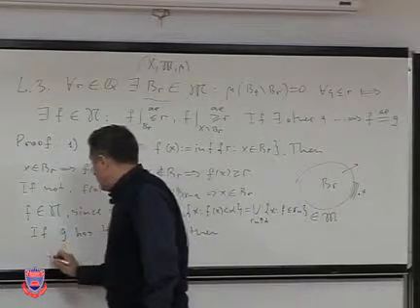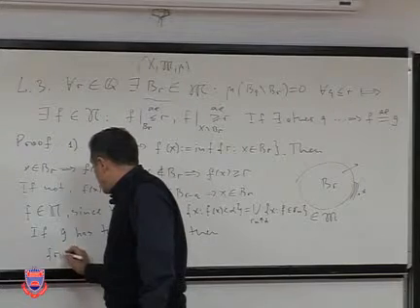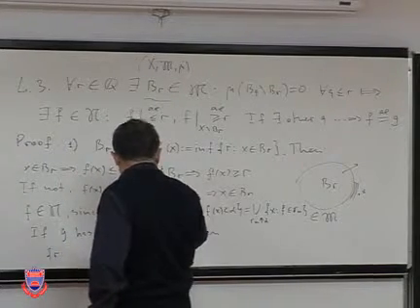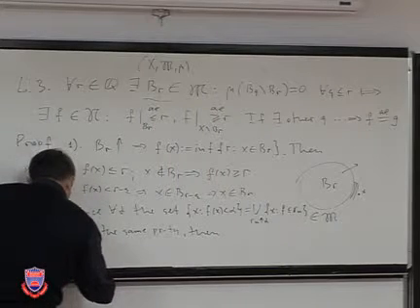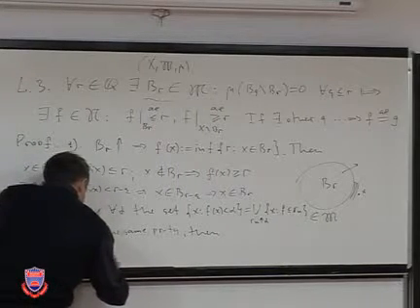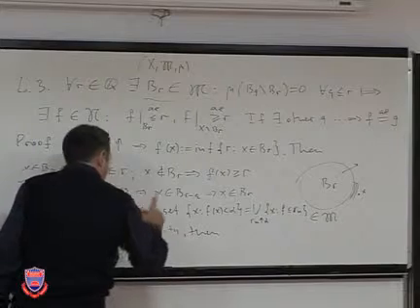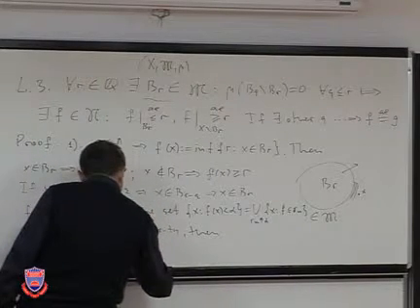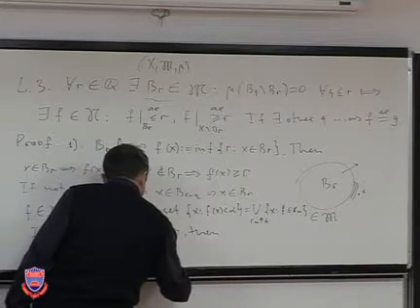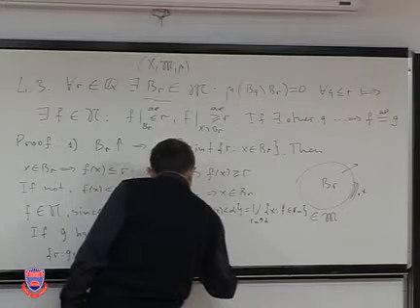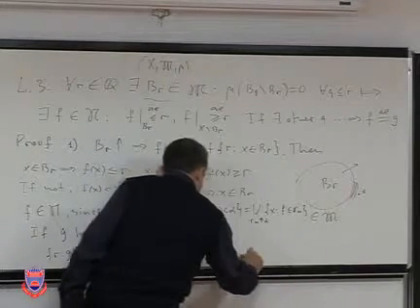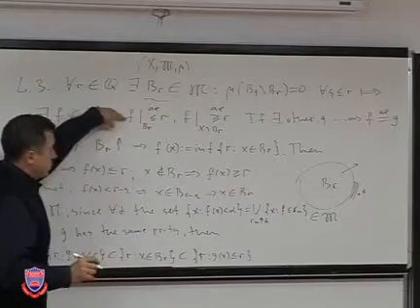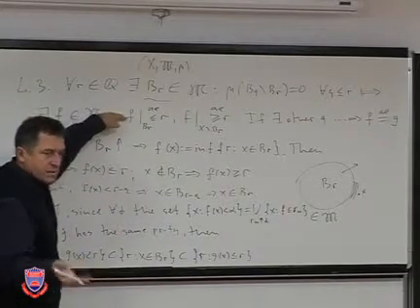We have the following embeddings: the set of R such that g of x is smaller than R, x smaller than R, is inside the set of R such that x belongs to B_R, which is inside the set of R such that g of x is less or equal than R. It just follows from this property.